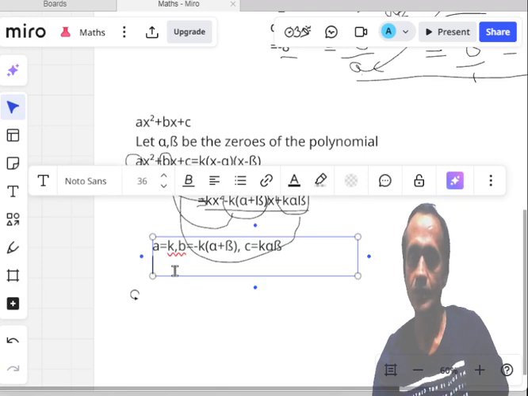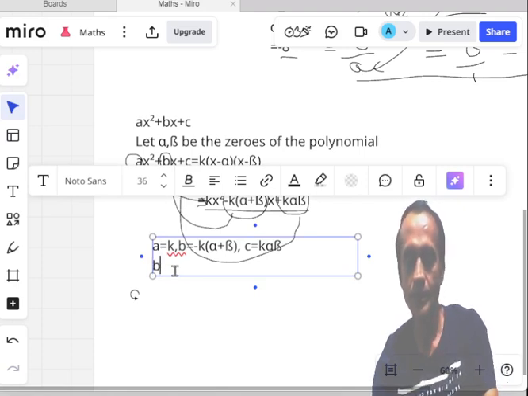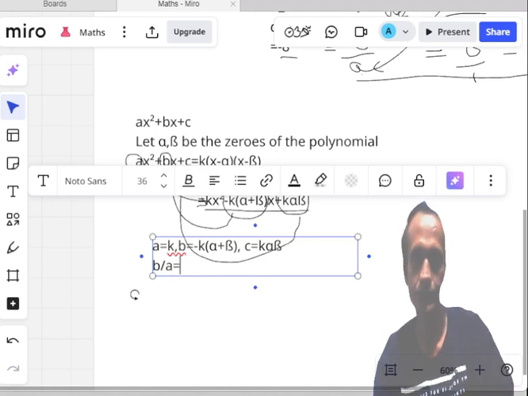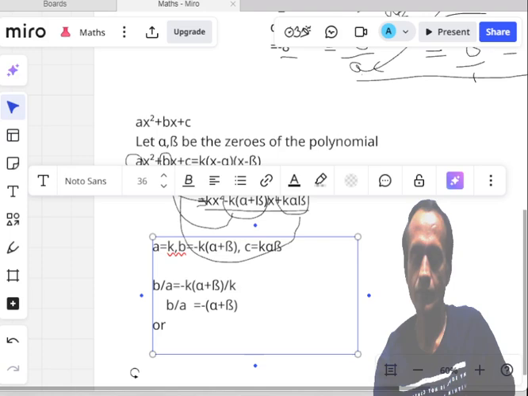So now let us divide b by a. We get minus k times alpha plus beta divided by k.